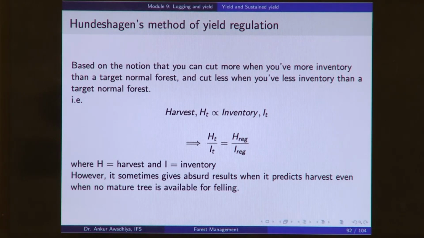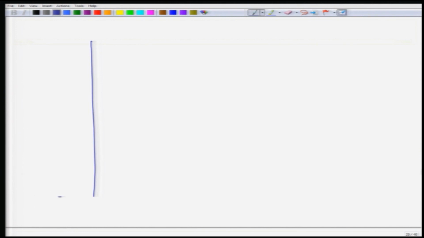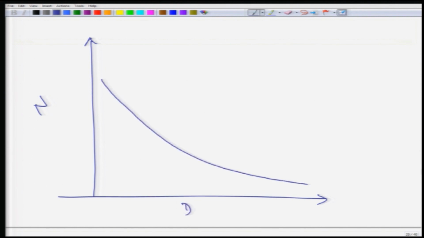Now, what is it saying? We saw in the case of a selection forest that a selection forest has an ND curve that looks like this. So, it is an inverse J ND curve.